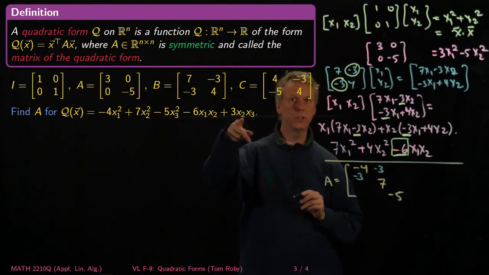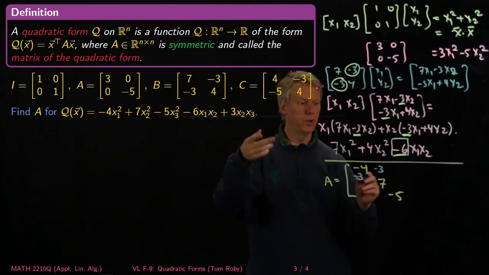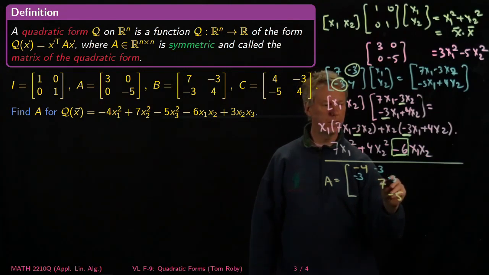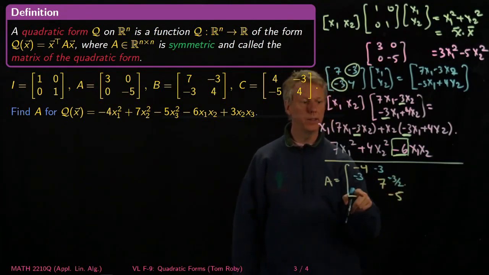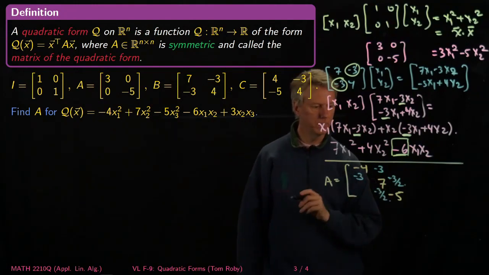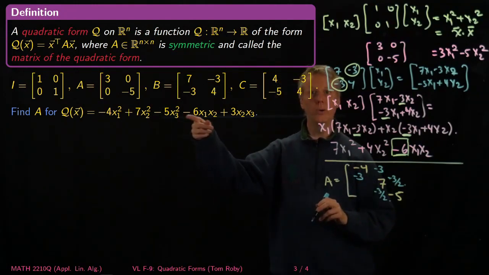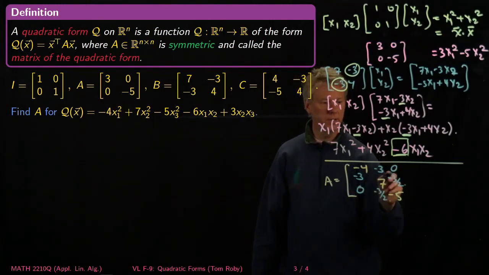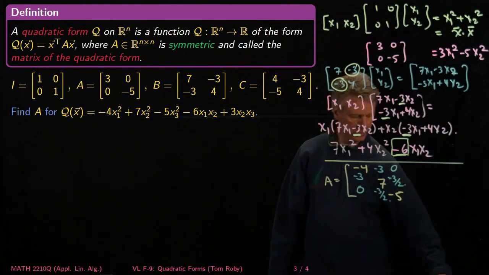I've got a 3x2, x3, so in the 2, 3 entry I must have had half of that, so minus 3 halves here, and in the 3, 2 entry, minus 3 halves here. Okay? And finally, there's no x1, x3, which means it's really 0, and so I'm splitting a 0 in half to get those two things, and there it is.